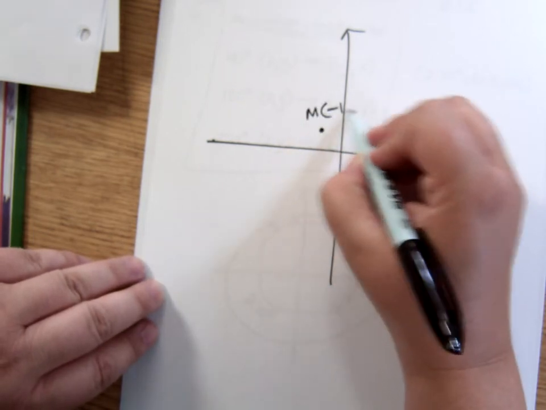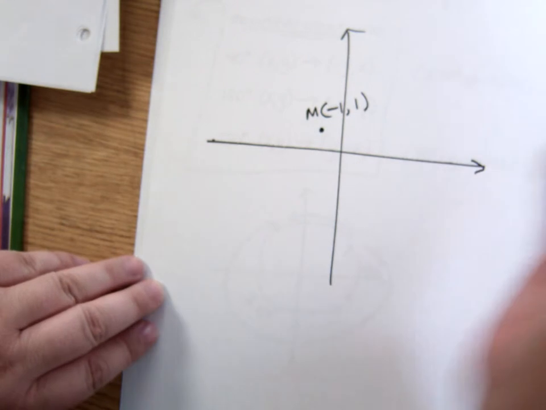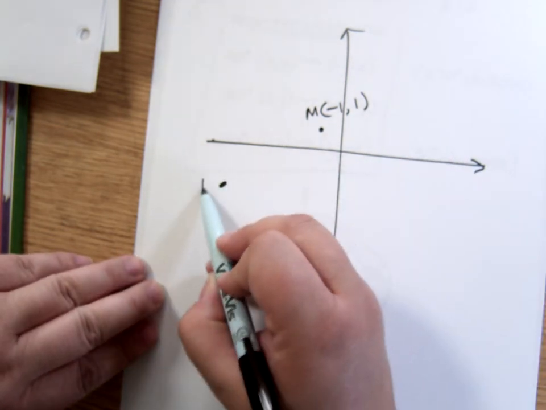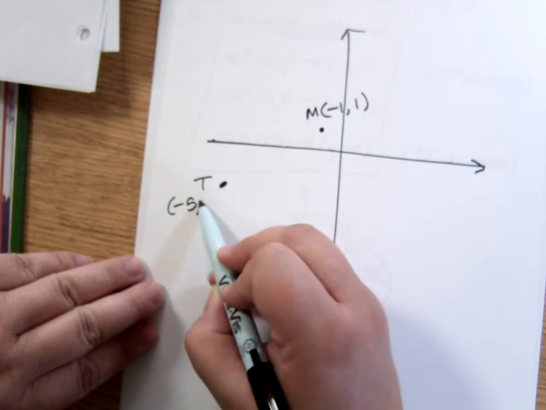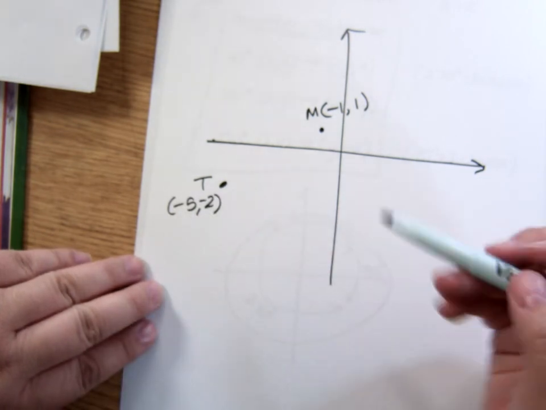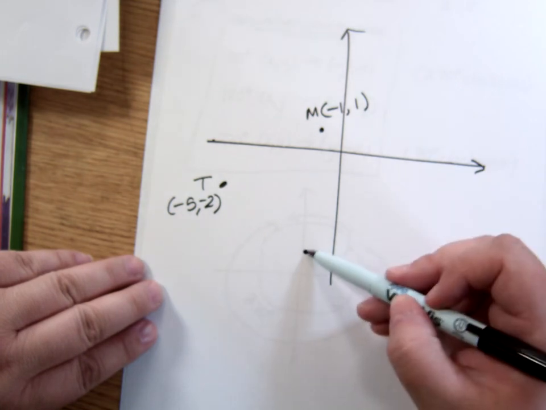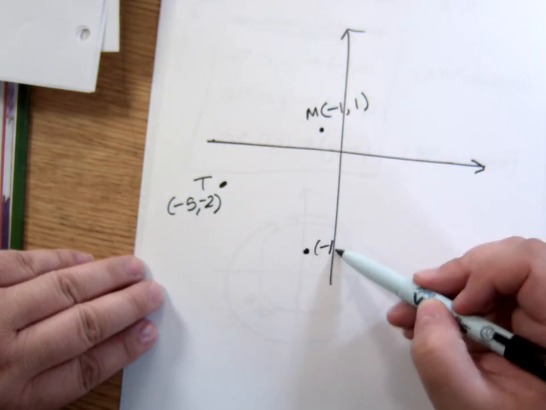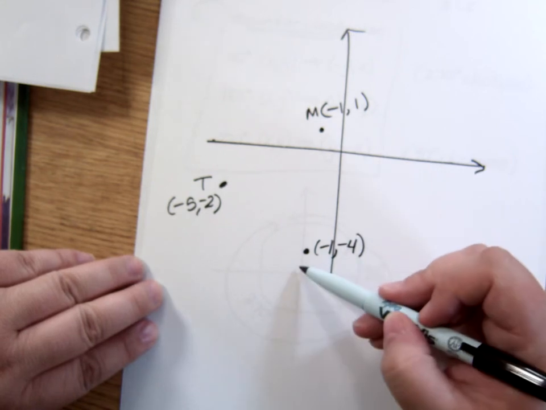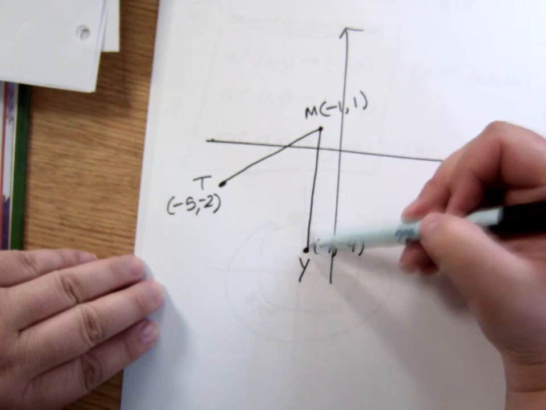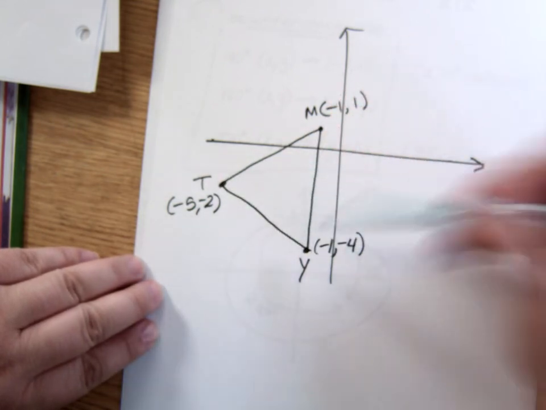So M is at -1, 1. T is at -5, -2. And Y is at -1, -4. And there's my triangle. And the goal here is to rotate that 180 degrees.